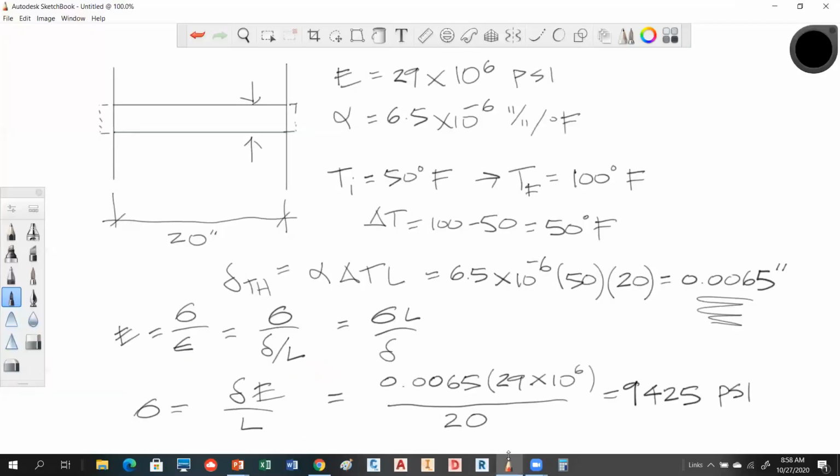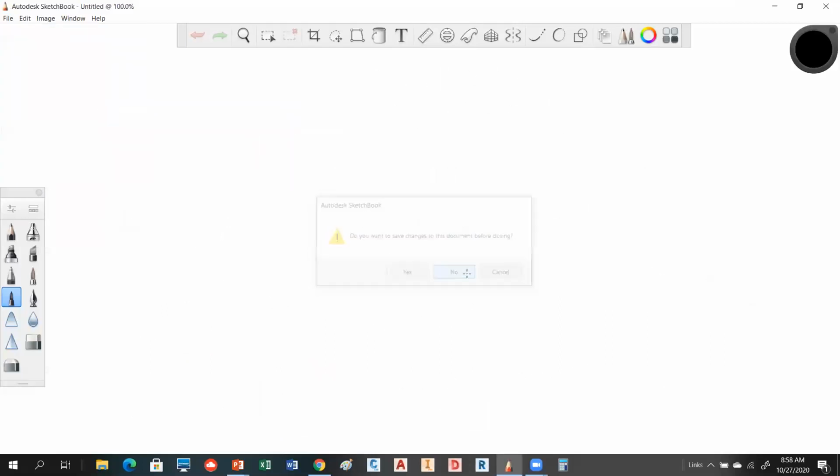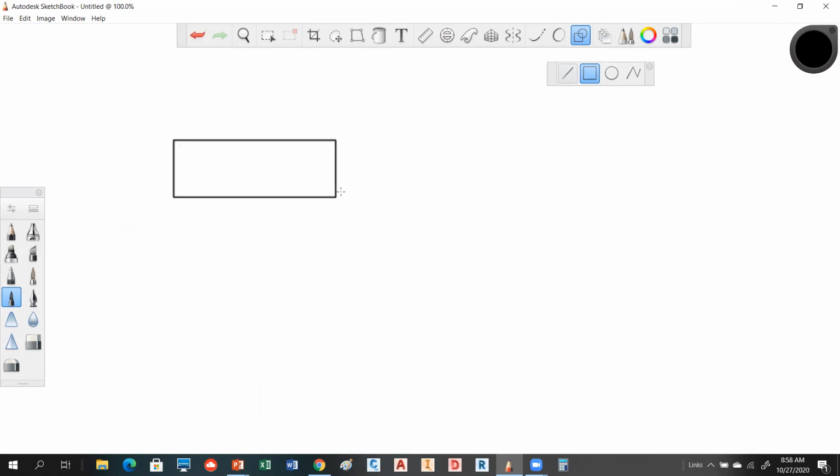So in a series problem, or a series type material, you might have a bar of some type of material like that, rigidly bonded to another bar of another type of material like that. So what we're saying here, they're in series, one stacked against the other like that. So this might be material A, and this would be material B.